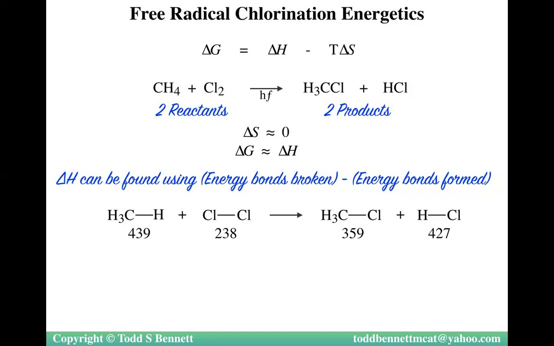So basic gist here, broken, these numbers minus formed. So these two added together minus the sum of these two. So this, you'll notice, is going to be 680-ish, like 677. This one is going to be around just under 800, 776 perhaps.